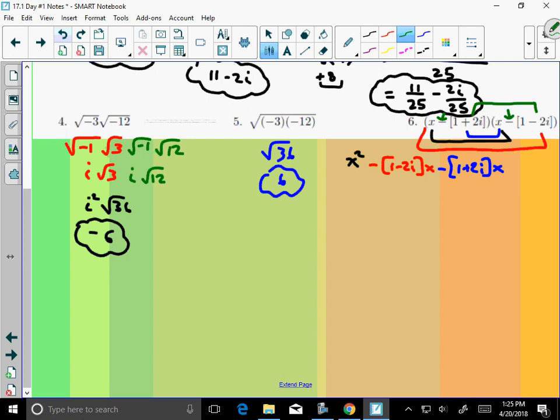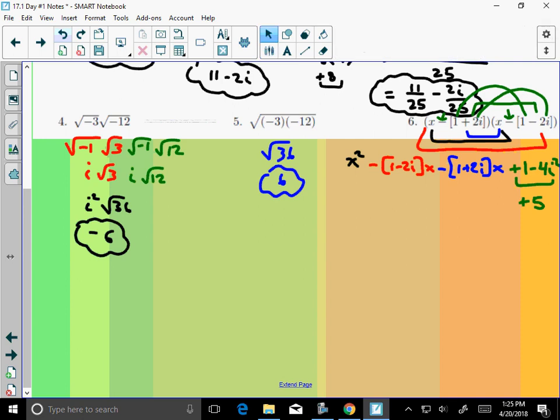So FOIL tells me 1 times 1 is 1, and 2 times negative 2 is negative 4i squared. So I'll get plus 1 and minus 4i squared. i squared is negative 1. So 1 minus a negative 4 is a positive 5. That would equate to a positive 5.